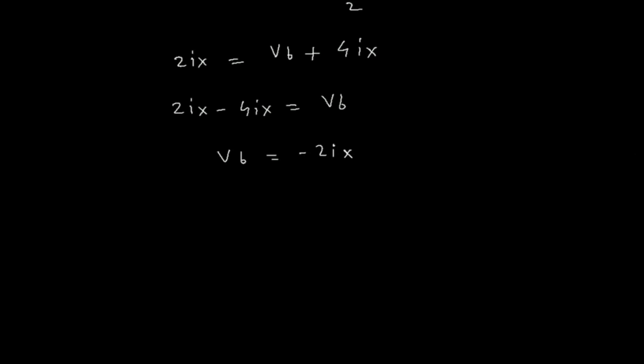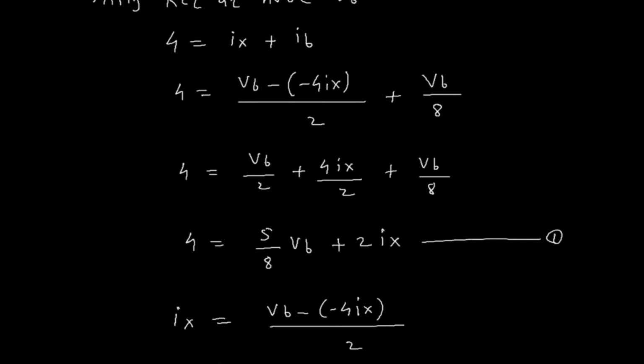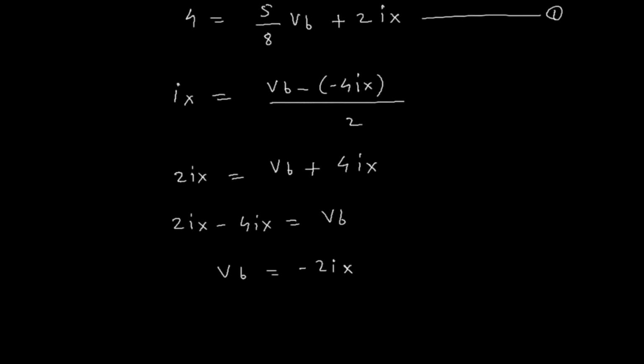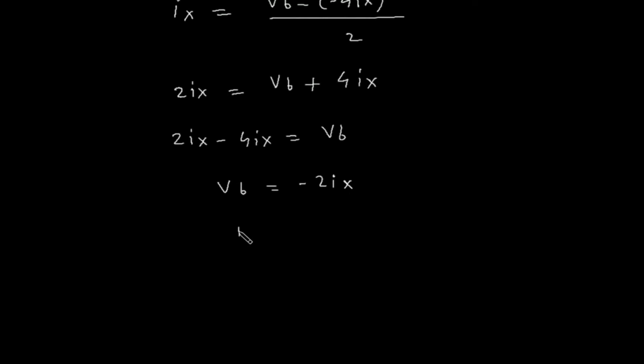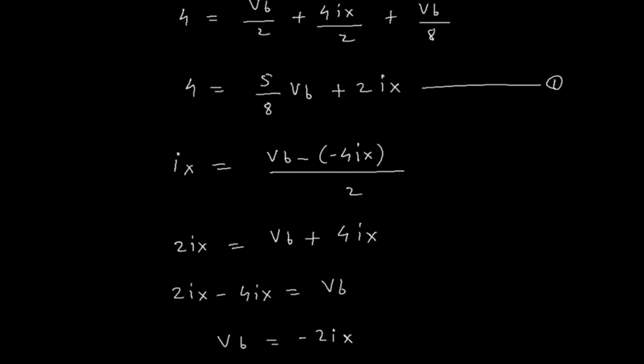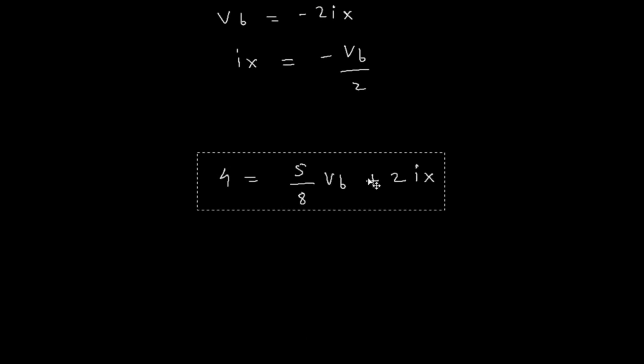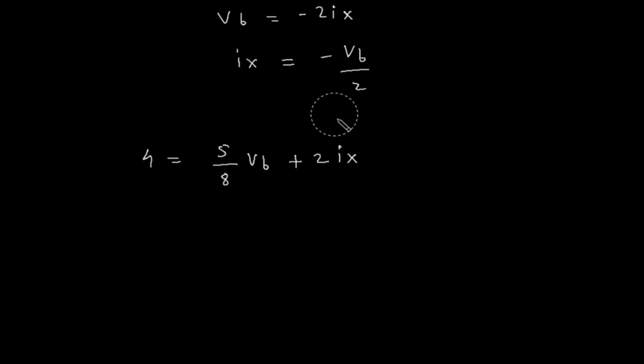Now we will substitute this value in equation number 1, or we will substitute the value of Ix as Ix is equal to minus Vb by 2. In place of Ix we will write minus Vb by 2.